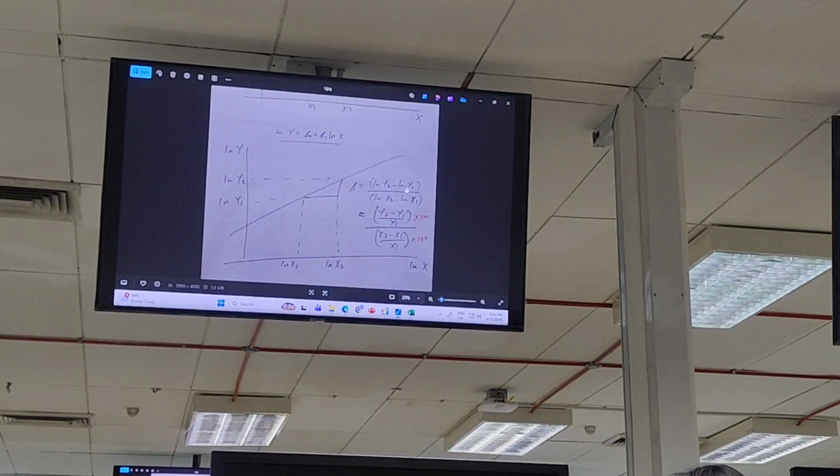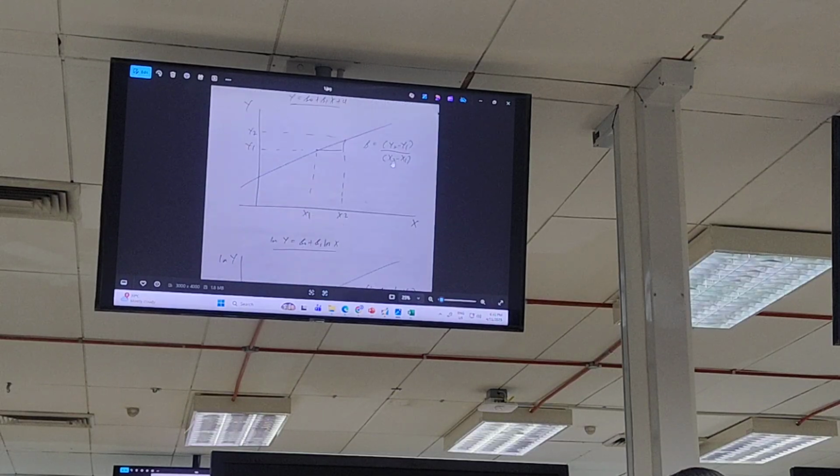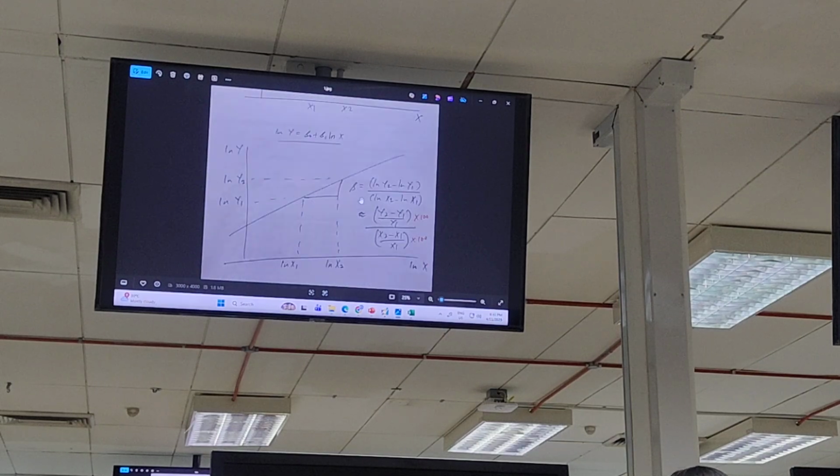The difference between two values of log x is approximately equal to the relative change in x. You multiply by 100, then you get percent.